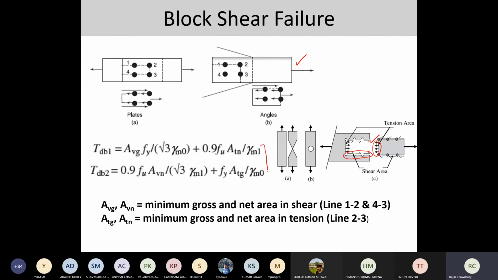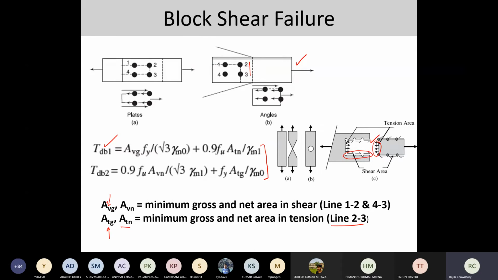That is why two different formulas are postulated in the code. In one of the formulas, it says 0.9 times Fu. Everything is provided: T stands for tension and V stands for shear. Agt and Ant stand for the minimum gross and net area in tension along line 2, 3.